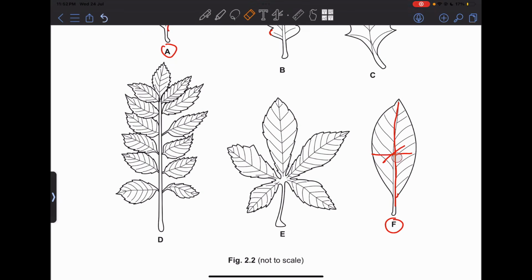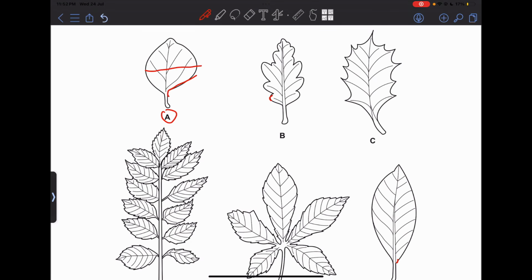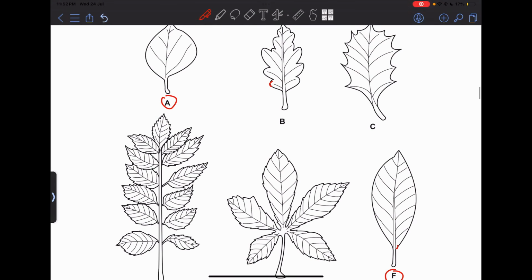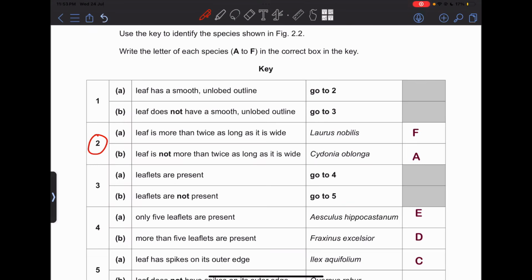But this one, it's almost equal, like the plus sign, it's equal over here. So that means that it's wide and not very tall at the same time. So this is F, and of course the second one, it's not tall, it's going to be A, of course.